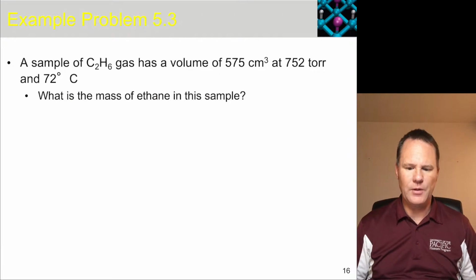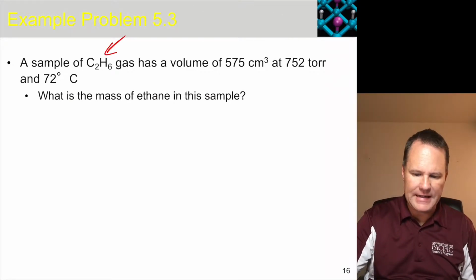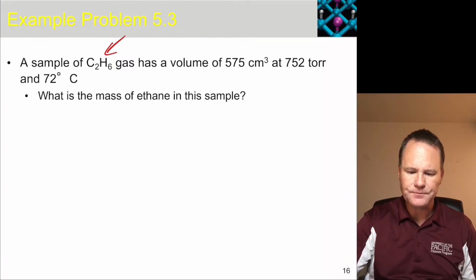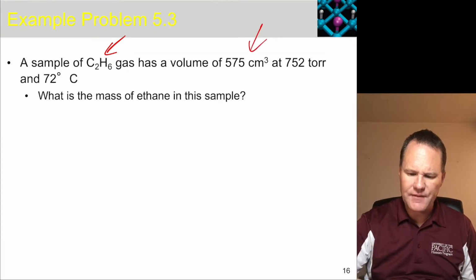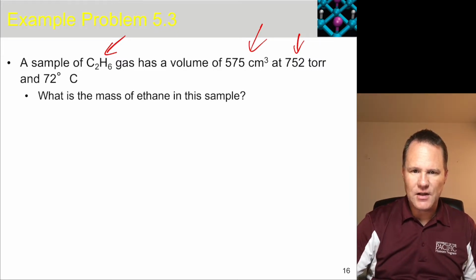And let's see how it works in action. So we have a gas of ethane here, C2H6. The volume is 575 cubic centimeters, and we have a pressure of 752 torr and 72 Celsius. This is just designed to be an ugly one in terms of all the units. So let's start with the volume.